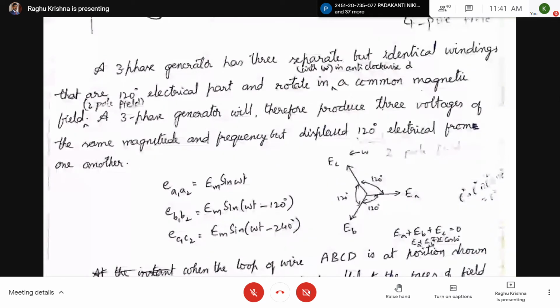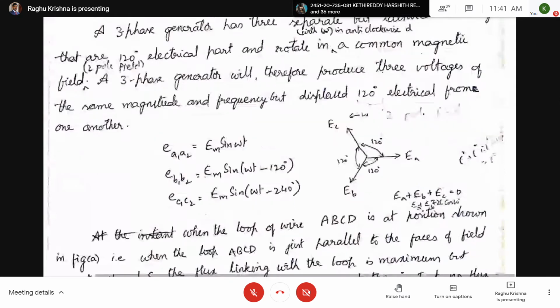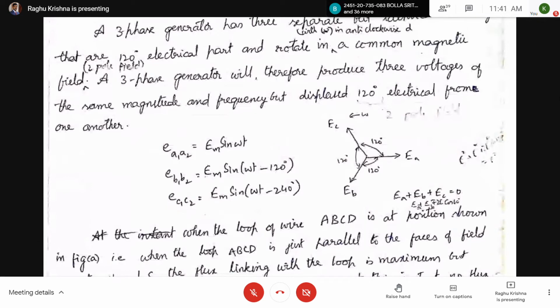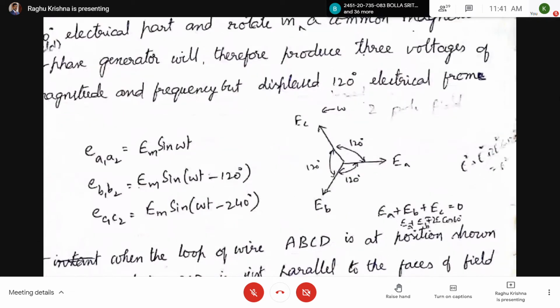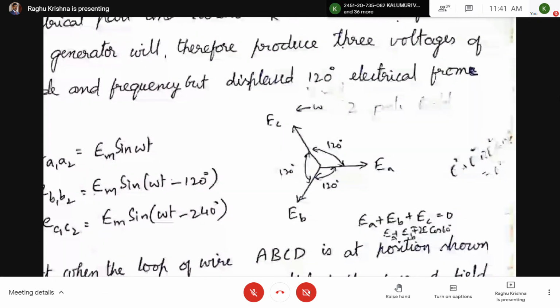What about E B1B2? They are 120 degrees lagging. So Em sin omega t minus 120 degrees. Similarly, E C1C2 is Em sin omega t minus 240 degrees. So you can see the phasor diagram. Here a vertical line is EA. After 120 degrees in clockwise direction, you are going to have EB.